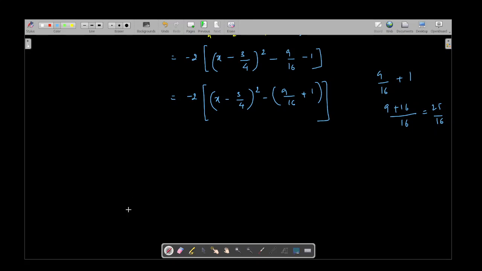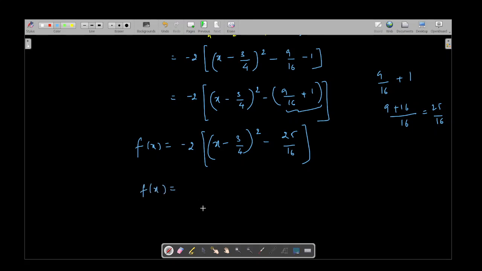So f(x) is -2 into [(x minus 3 by 4) whole square minus 25 by 16]. Next, what we have to do at the final stage is, whichever number you have taken out in the beginning, you have to bring it inside. So I'll multiply this -2 to both the terms inside the bracket.